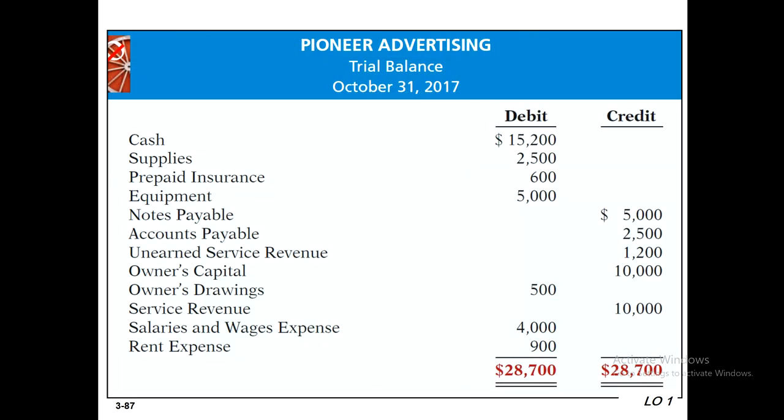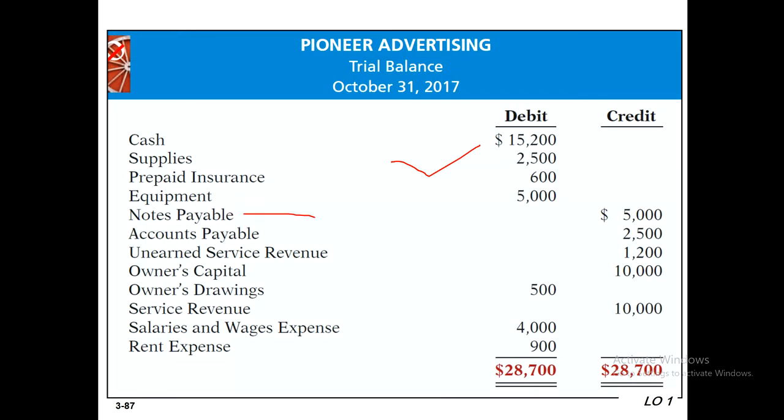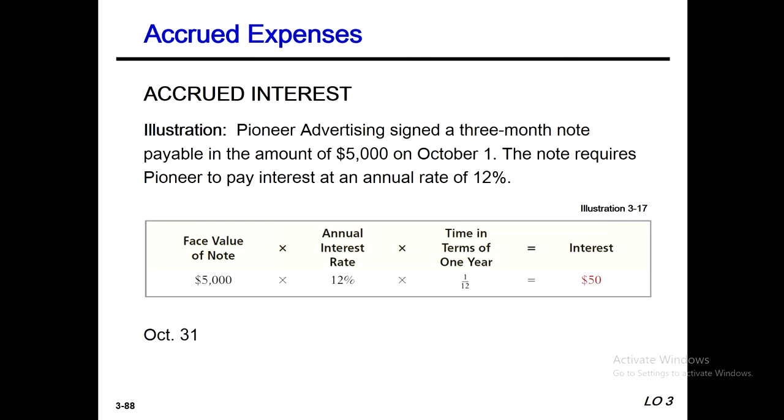Now the trial balance. We are considering the trial balance to prepare our adjusted trial balance. Please look here, this is our total note payable, 5,000. This note payable of 5,000 is the face value, and the annual rate of interest is 12%. So for 12% it must be 600 taka. After dividing by 12, we get 50 taka interest.